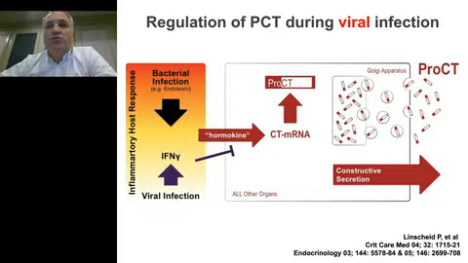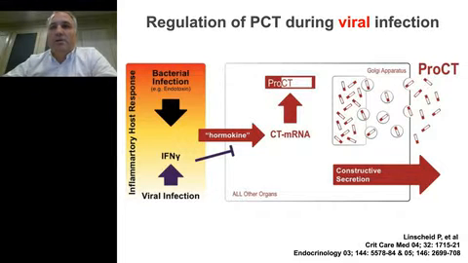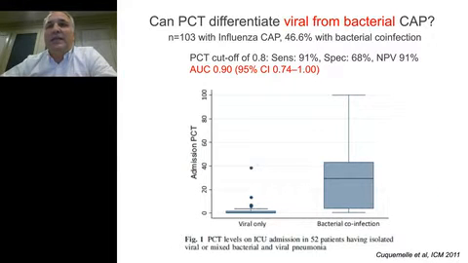So this is a nice cartoon, but does it also work in real-life patients? So I'd like to show you one study that has compared patients in the intensive care unit with a clinical syndrome of pneumonia during an influenza season outbreak.